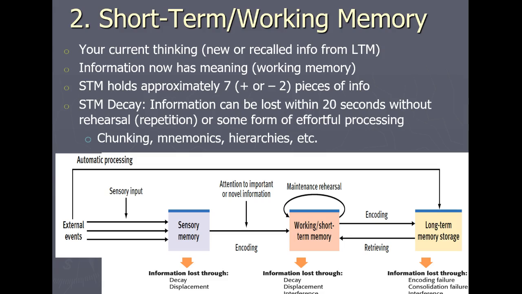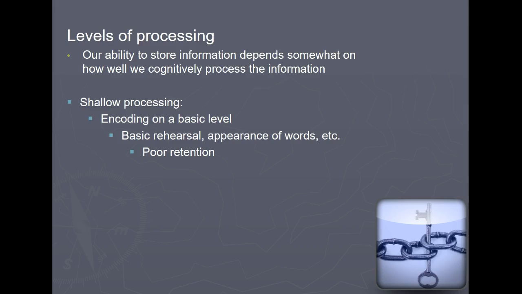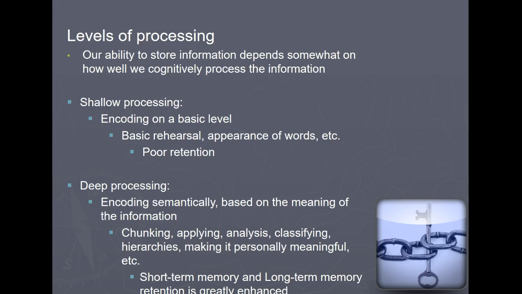Okay, so let's talk a little bit about how we process information, and then we'll tie this into long-term memory. When we're thinking about information or processing it and encoding it, sometimes we encode information at a very shallow level, which makes it difficult to store it well. Sometimes we think really well with information.